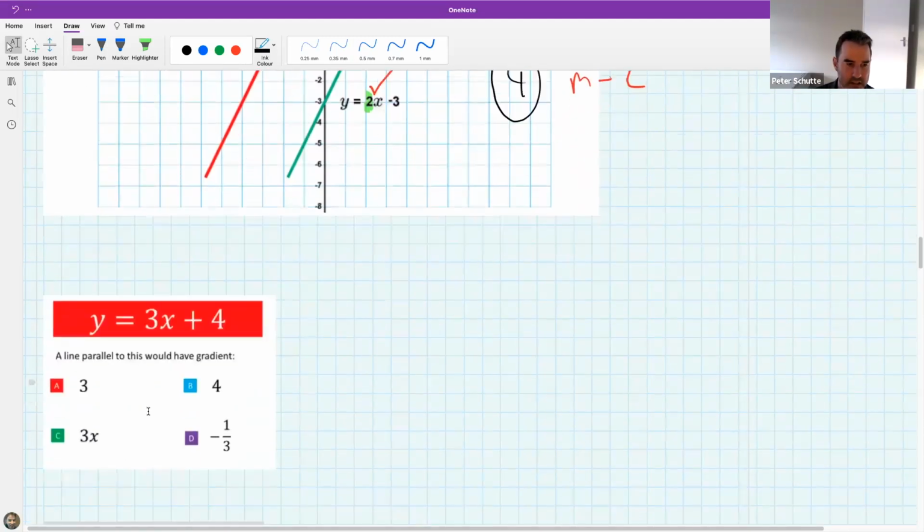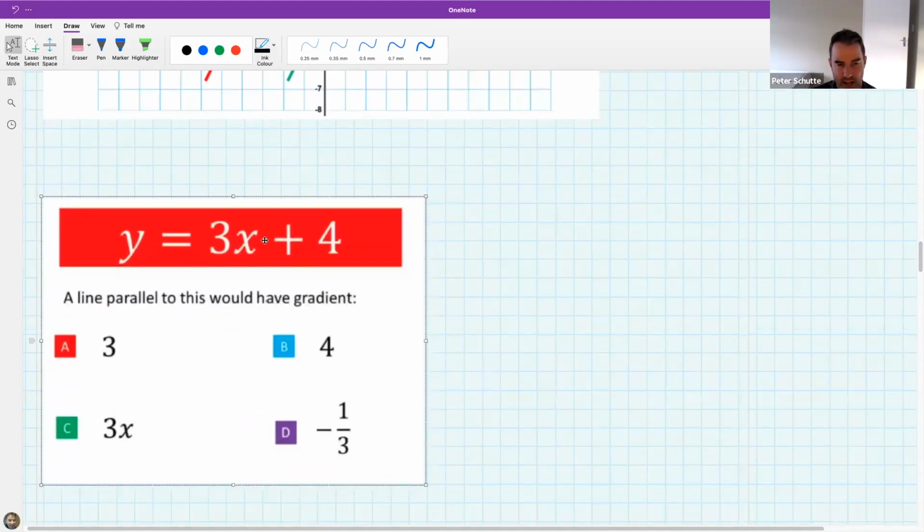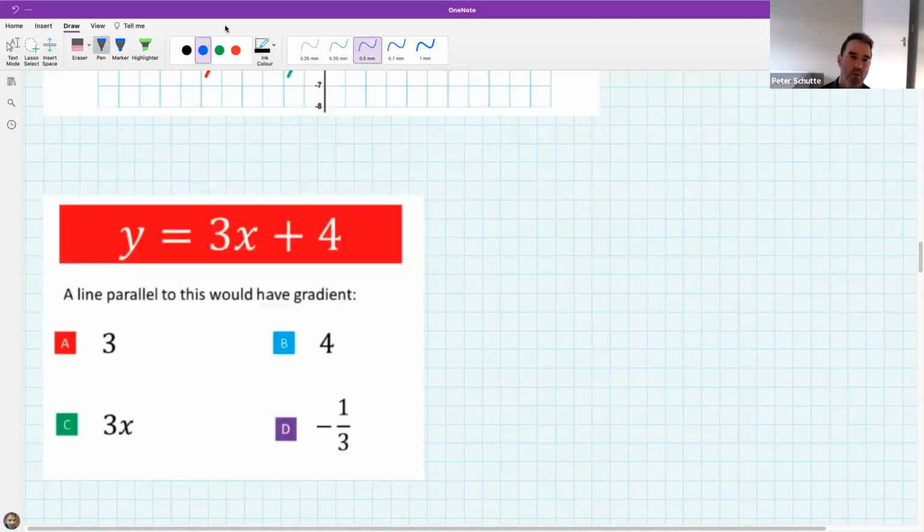Okay, let's try this out. A line parallel to this line would have what gradient? Choose A, B, C, or D. A line parallel to this would have what gradient? You've got to give me A, B, C, or D. Yeah, because we know that the gradient in this line is 3.